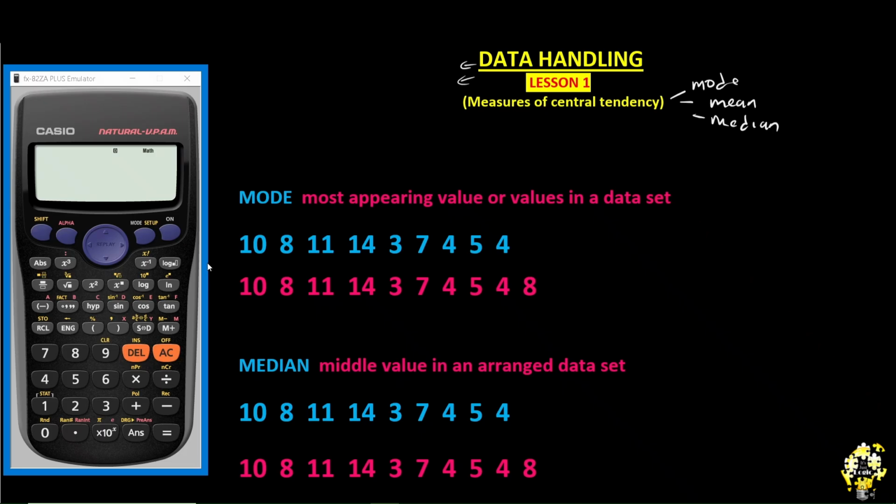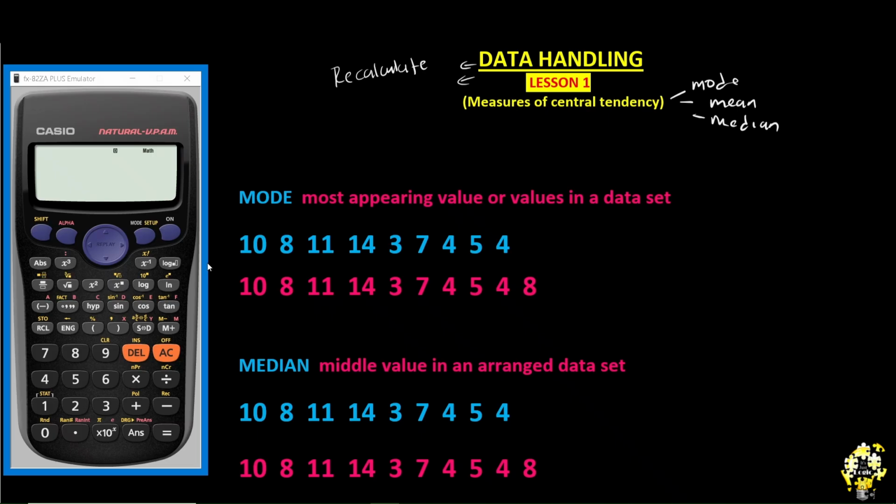Number one, you need to always recalculate your answers. In data handling, you don't just get an answer and move on. No, you go back, you verify, you recalculate, and make sure that indeed you have calculated correctly.